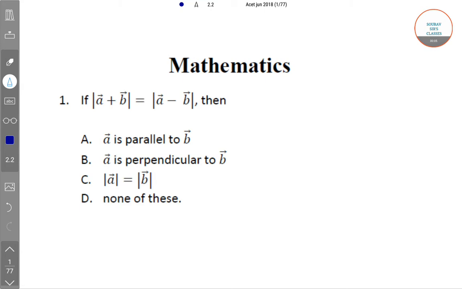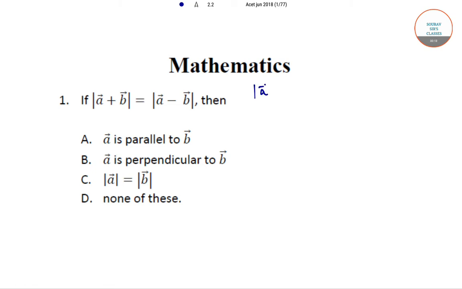The question is, if mod A vector plus B vector is equal to mod A vector minus B vector, then... So now, first let us calculate mod of A vector plus B vector whole squared.